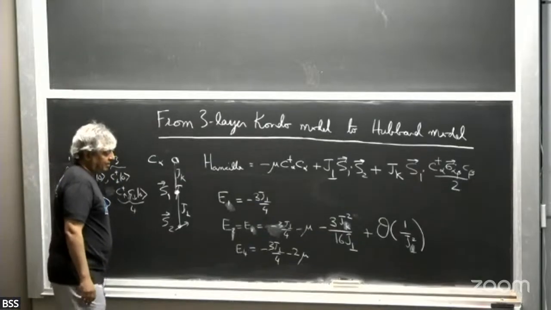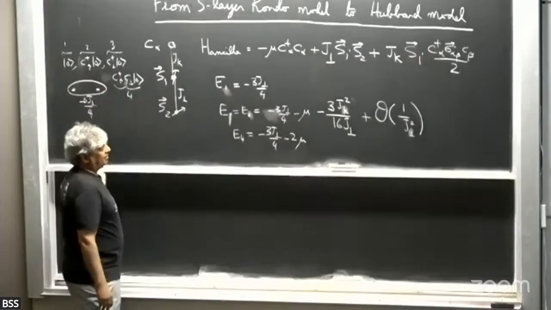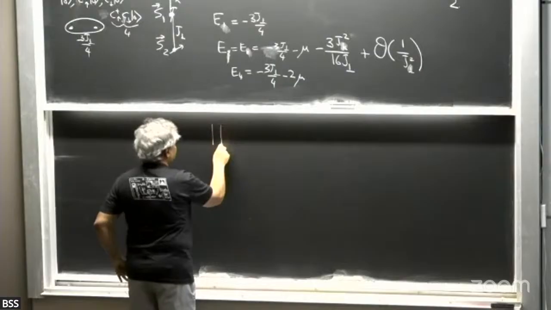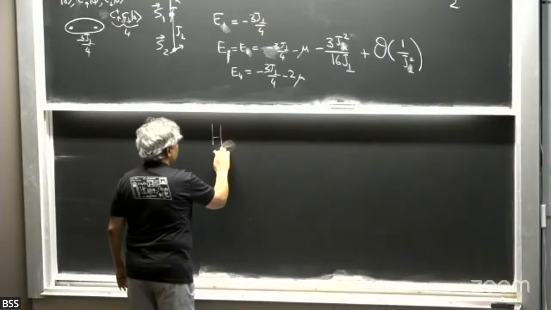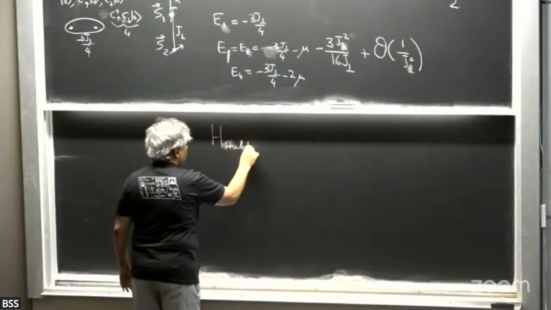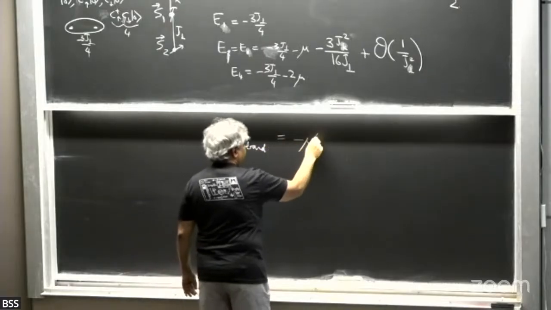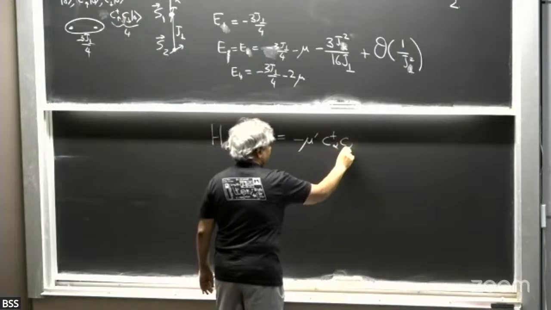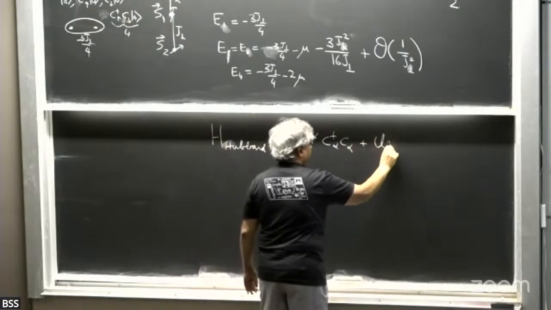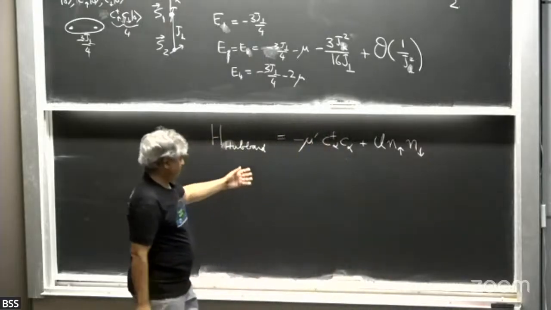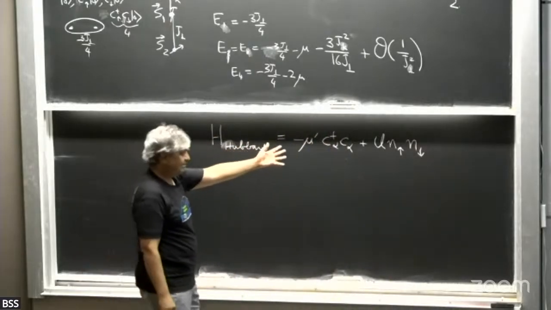And what about the same energy levels of the Hubbard model, which I'm going to say is minus mu prime, C dagger alpha, C alpha, plus U n up n down. So you, of course, know the energy levels of this Hamiltonian.